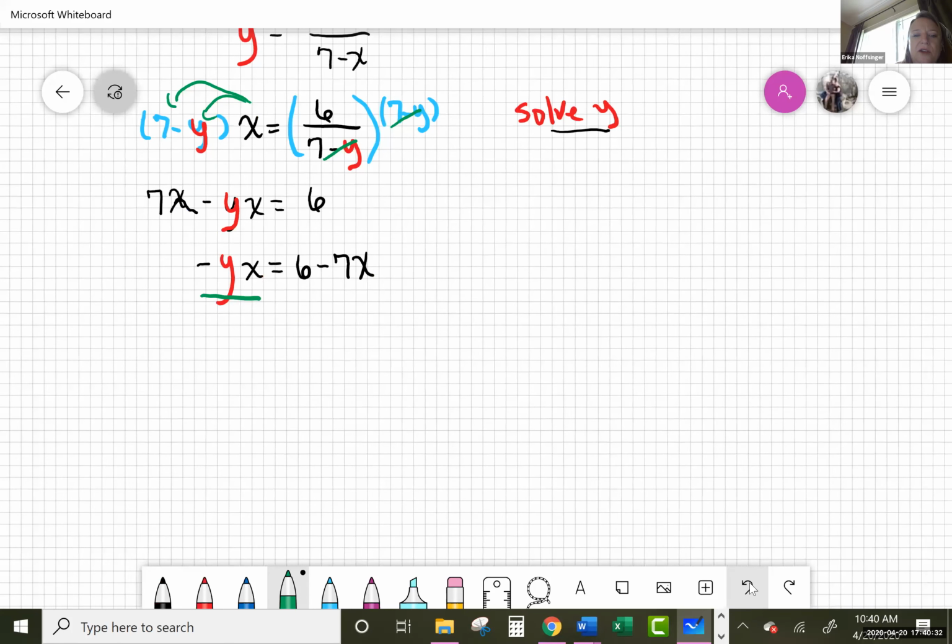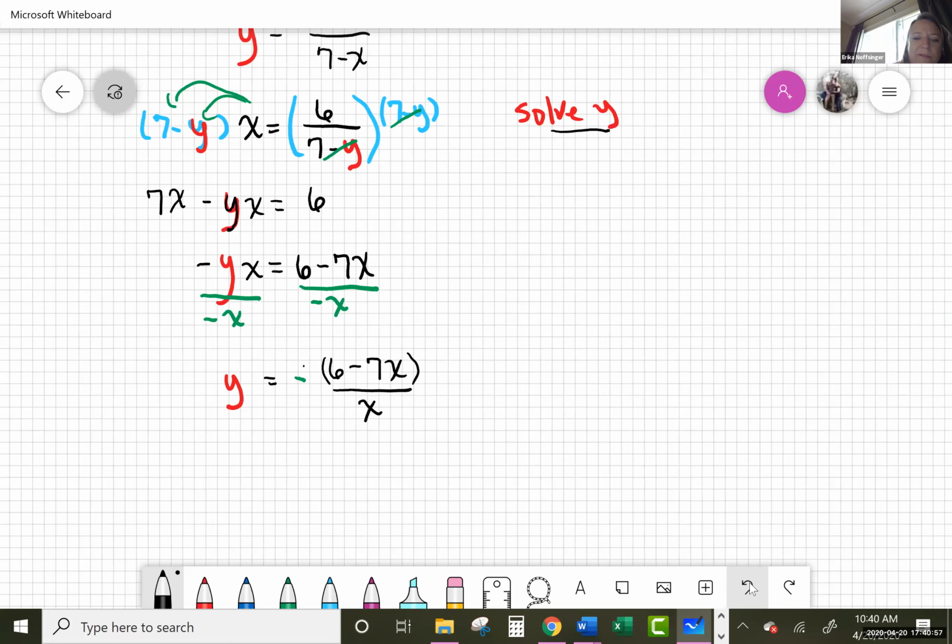So we divide both sides by negative x, because I want a positive y. We could, if we wanted to, pull that negative out front. And so this is 6 minus 7x all over x.